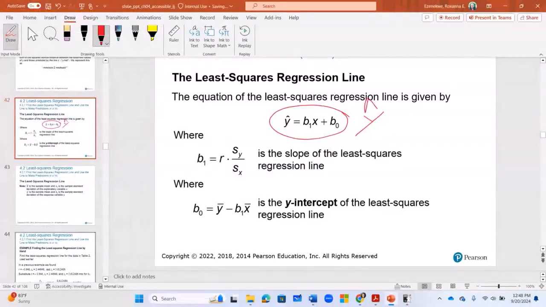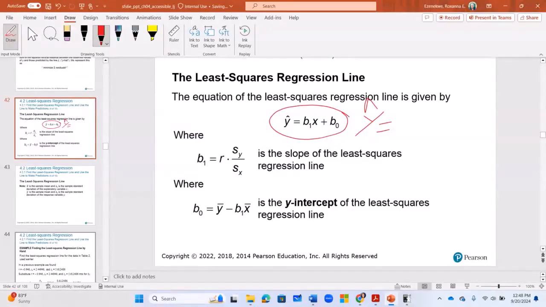This is called the predicted. A y with a hat above it is called the predicted y. The slope is b1.